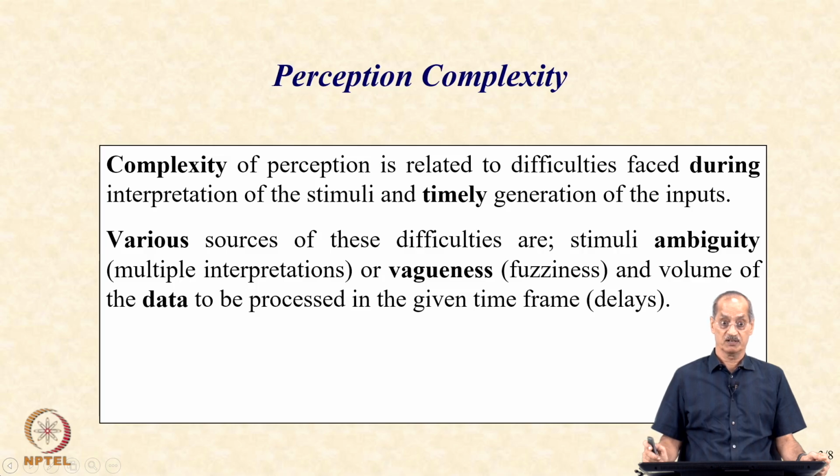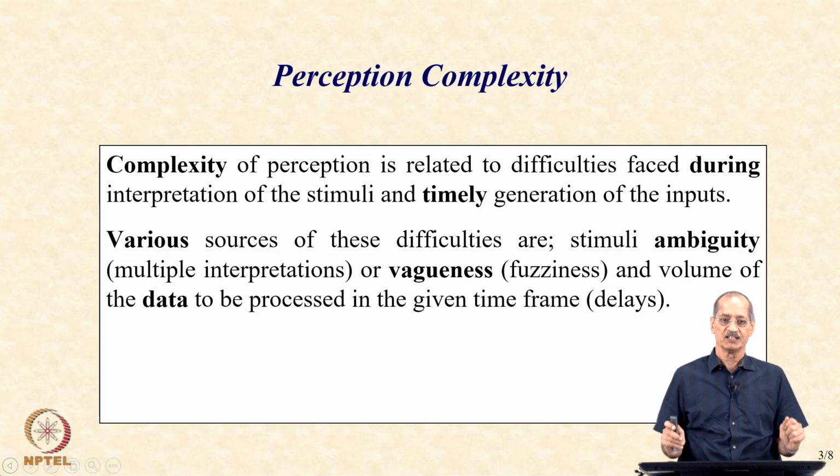vagueness, and more importantly, depending upon the number of frames which get generated, let us say in a second or in a minute, the volume of data in the form of number of pictures that need to be processed in the given time frame will generate delays.